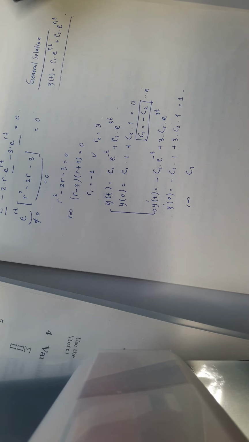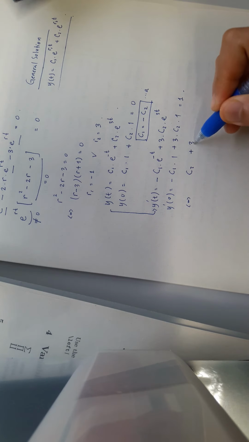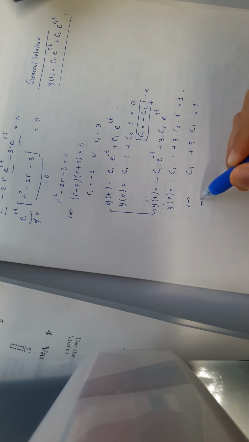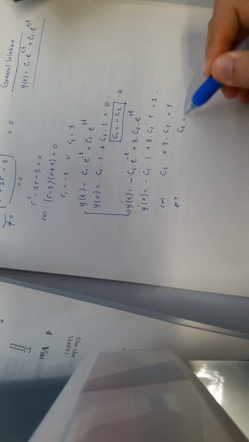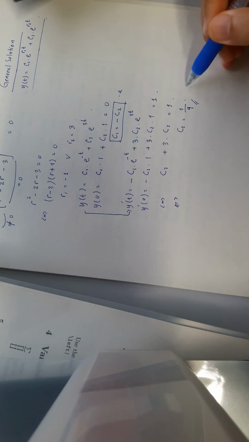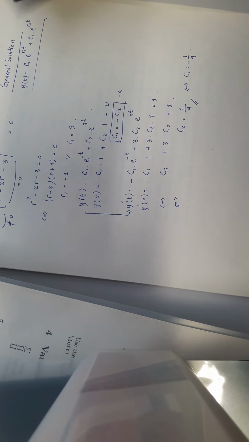By using (a) substituted into y prime(0), we can write minus c1 is equal to c2, so minus c2 plus 3 times c2 is equal to 1. This means that c2 is equal to 1/4, and automatically c1 is minus 1/4.